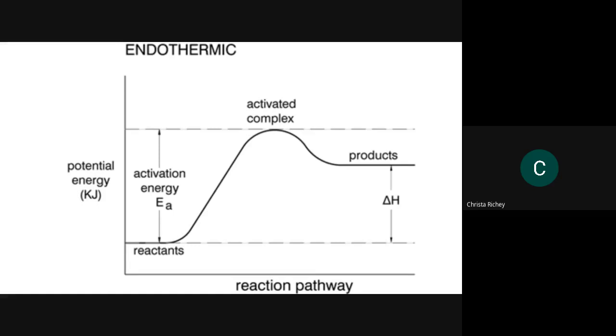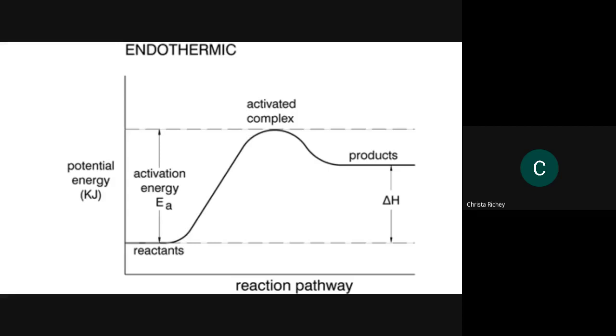It's like I said, it's been a while since I've taught thermo. If it's bigger downhill, it's exo. If it's bigger uphill, it's endo. Some of you may have never ridden a roller coaster in your life, but to go up the hill, you have to put the energy in to get to the top of the hill.